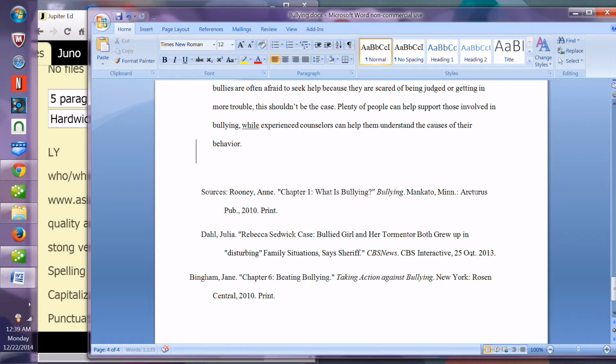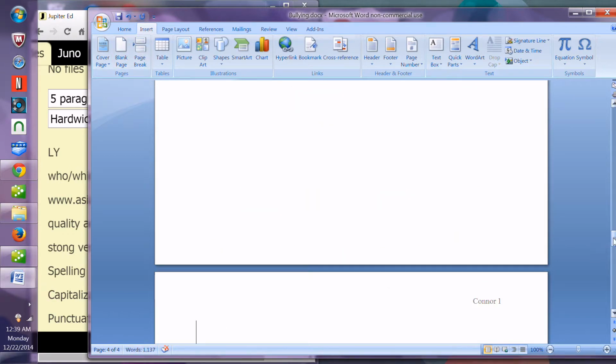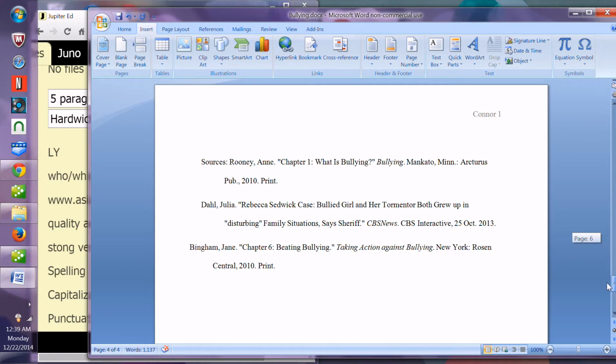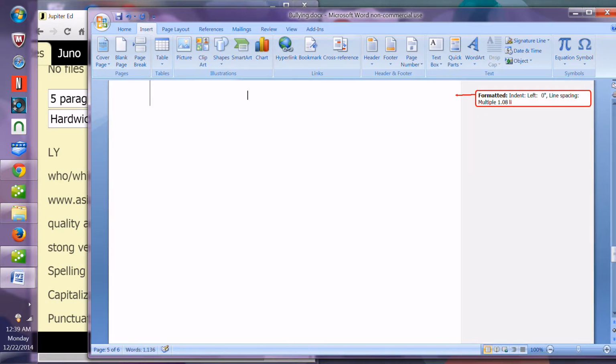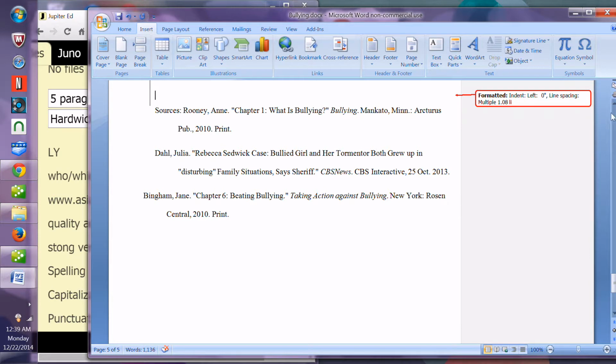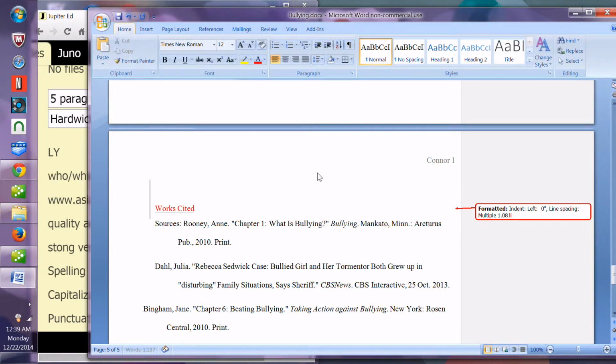All you're going to do is go down and insert a page break, because you need your works cited page to be on its own page. And our MLA format just says that we should have works cited centered on the page.